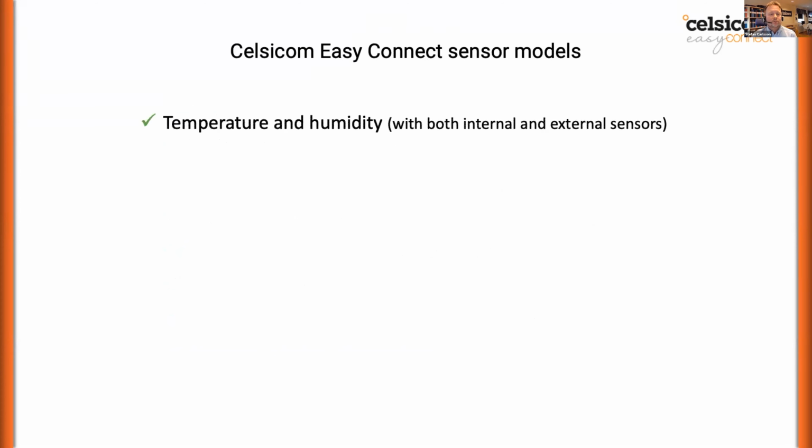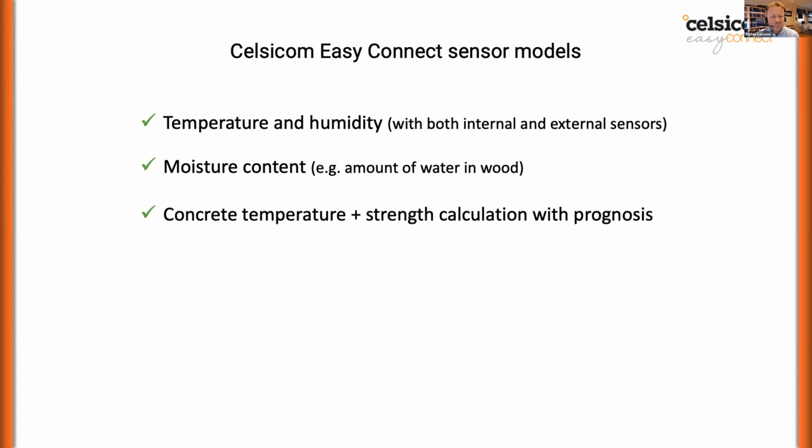Some of our sensor models are, of course, temperature and humidity with both internal and external sensors. You have the moisture content sensor, measuring the amount of water in wood. For instance, if you have a water damage that you want to dry out, you need to keep track of the moisture inside the wood and see how it evaporates.